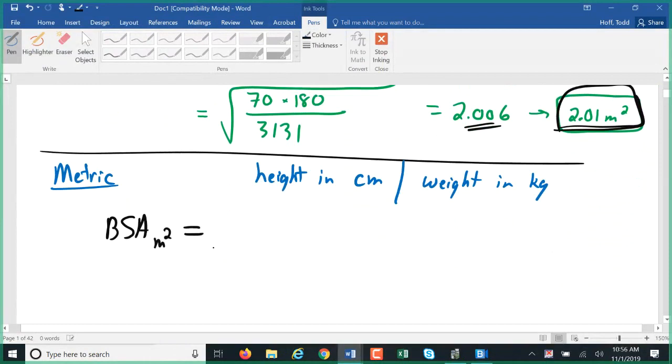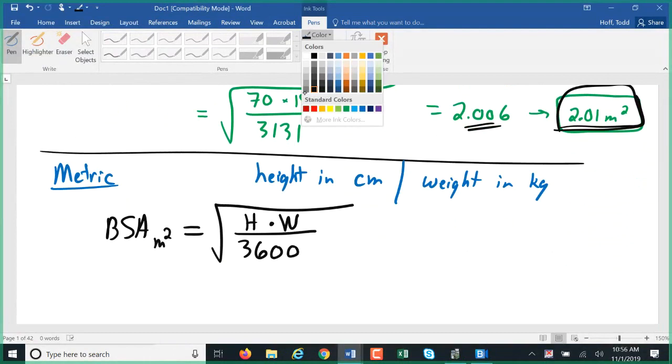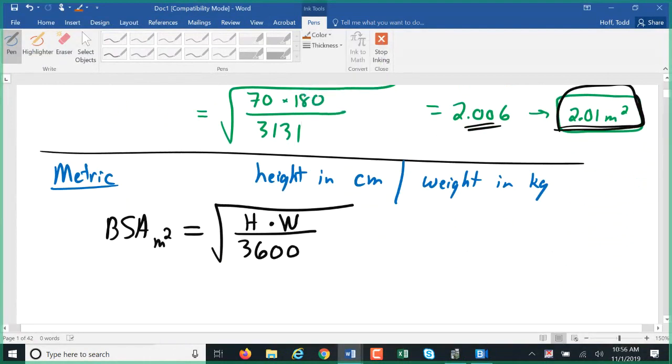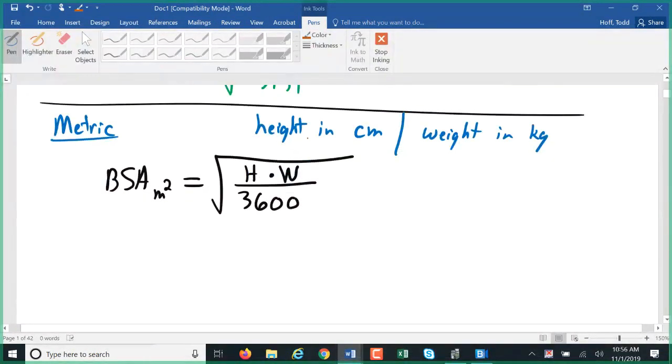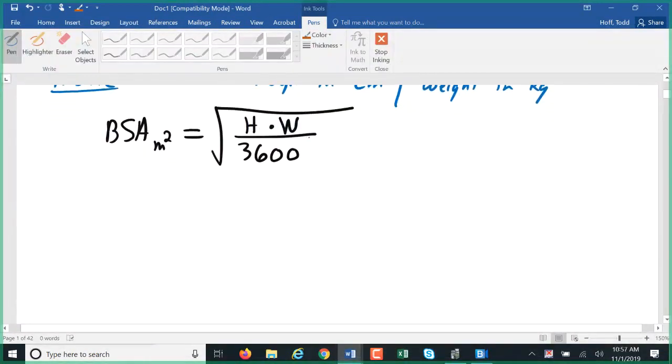So we're still calculating our body surface area in meters squared. The formula is still height times weight, but because the units are different, centimeters and kilograms, it's over 3,600. That's the only thing that's different between the two formulas, the constant on the bottom of that fraction.